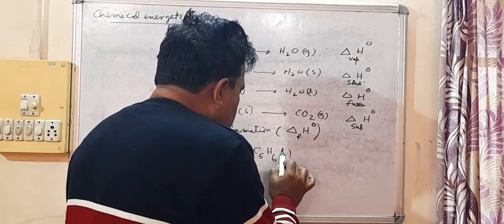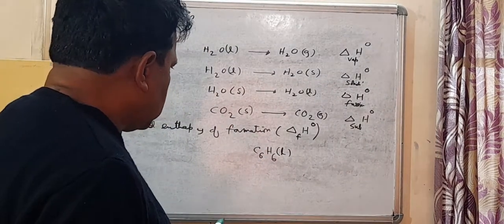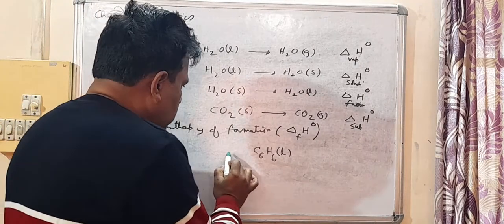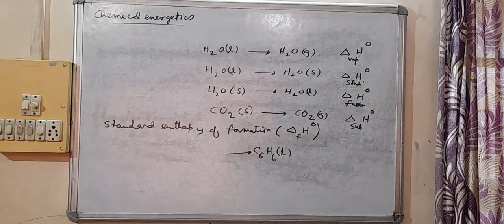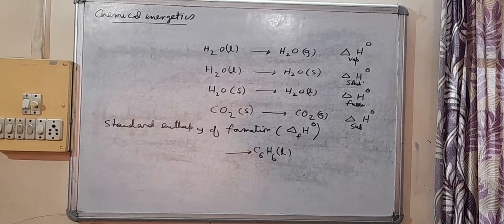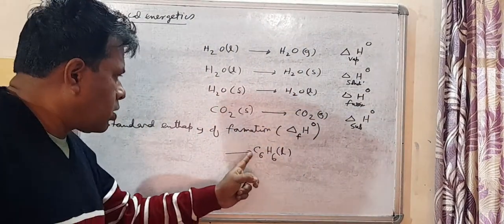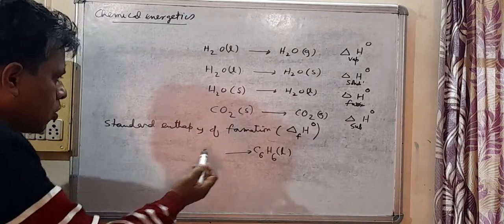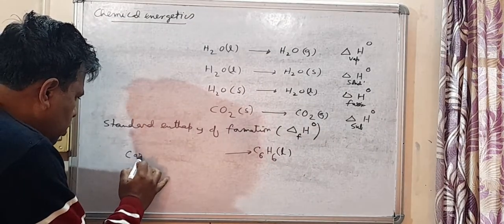So we write here L. So for benzene, which is liquid, we have to consider the formation of benzene from its constituent elements. The constituent element of benzene is C graphite.